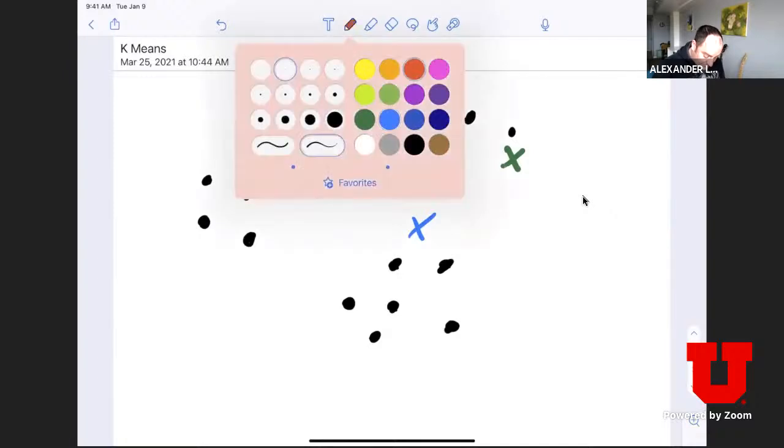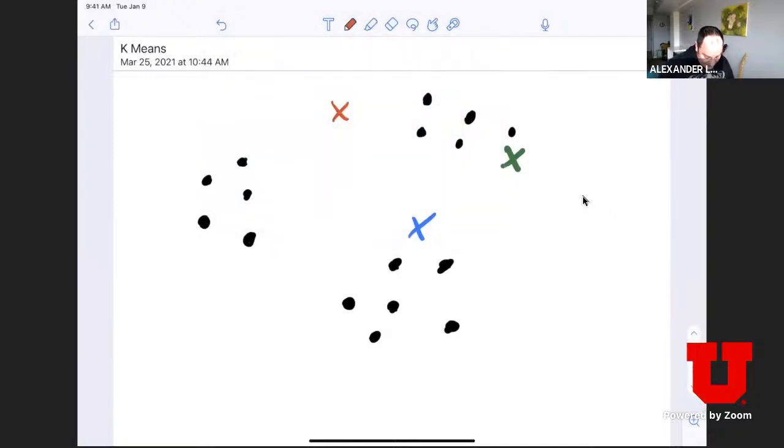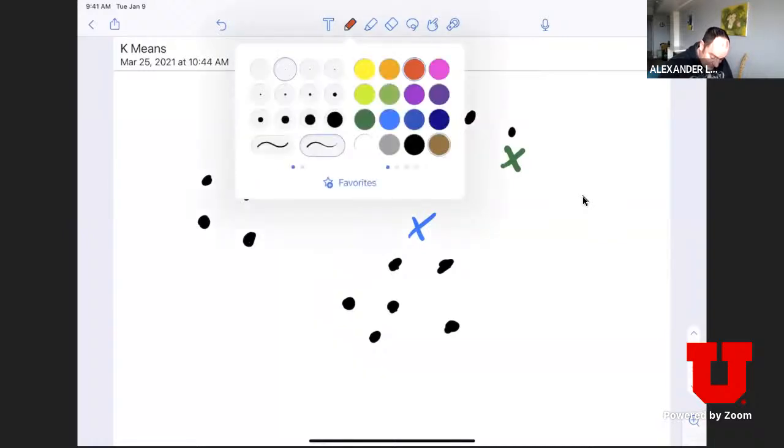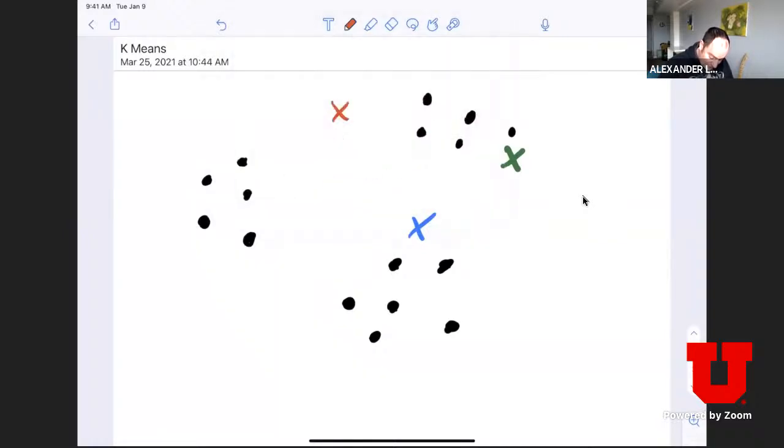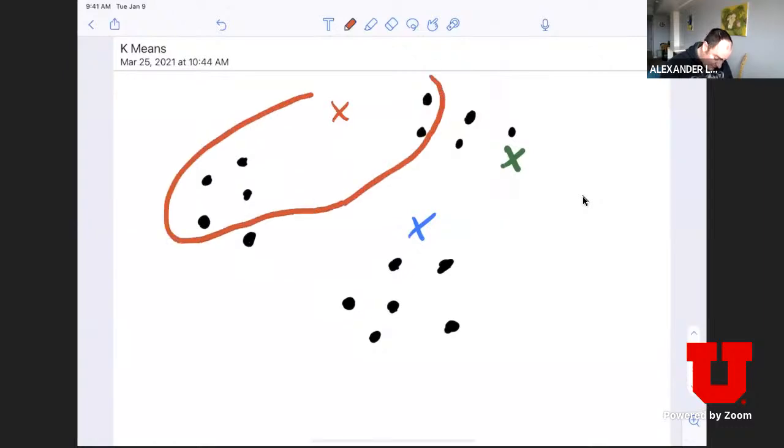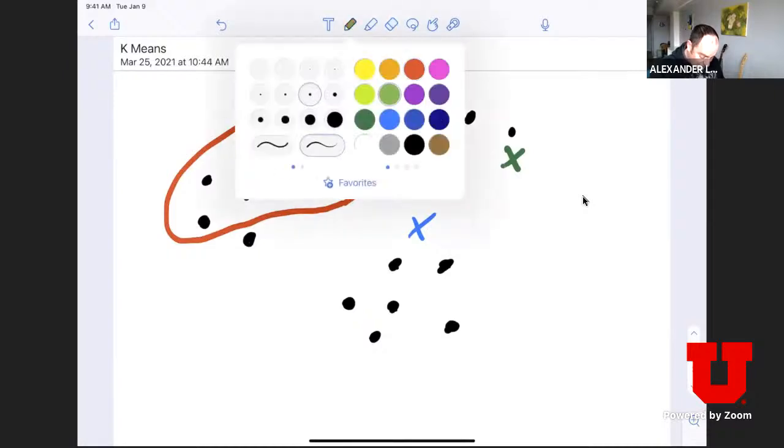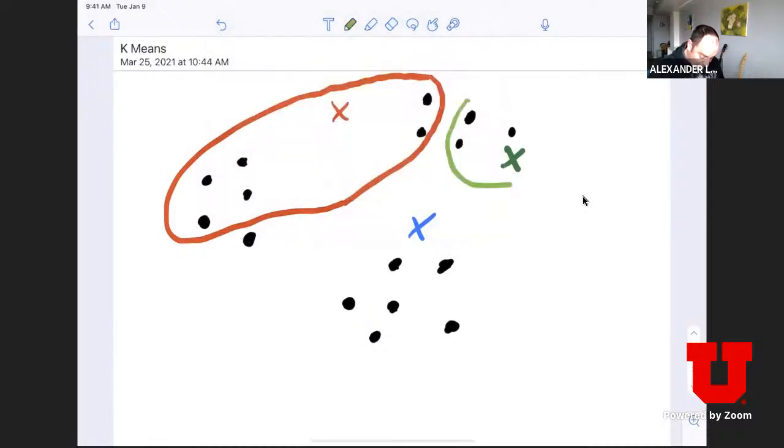Roughly the points that we have here might be the points that are the closest to the red x. Then for the green x, we have those points being the closest.